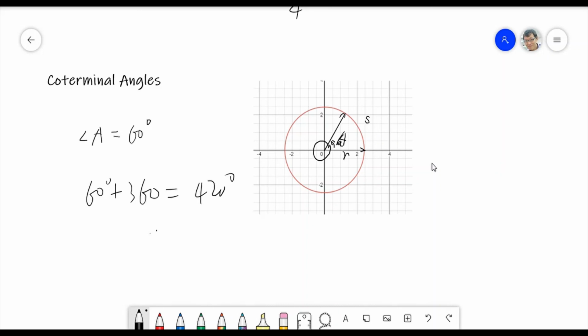It can have one more circle, so 420 plus 360 equals 780, right? They can keep on doing that. All these are coterminal angles as long as the second line falls on the same point on this circle. Yeah, so this is the concept.